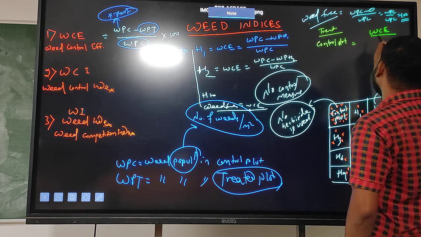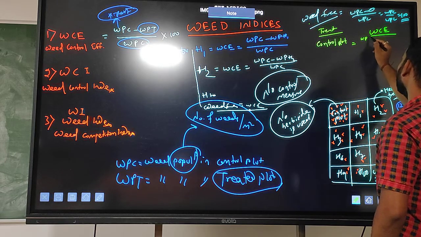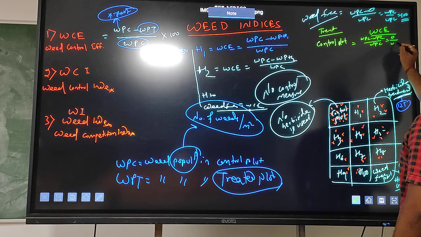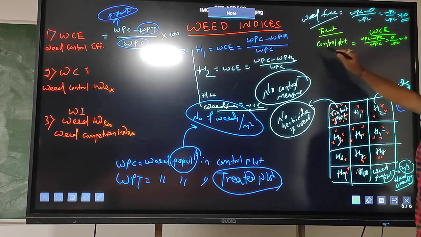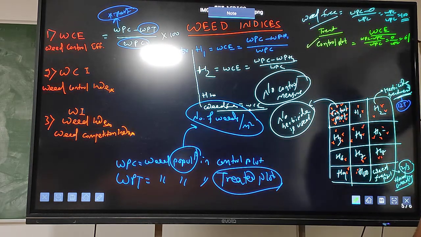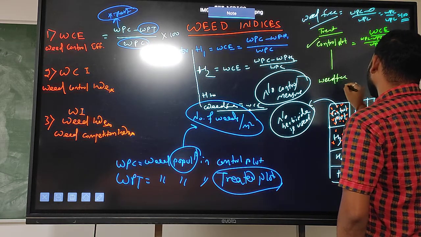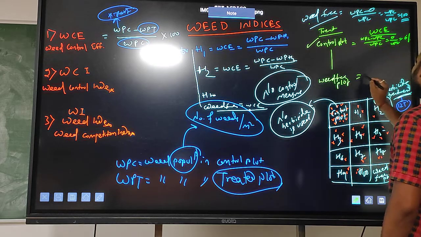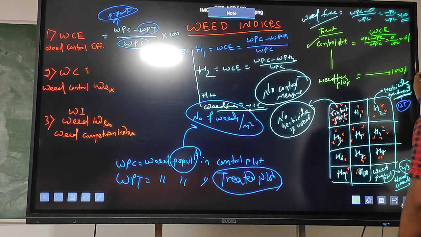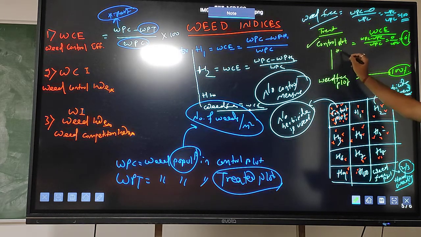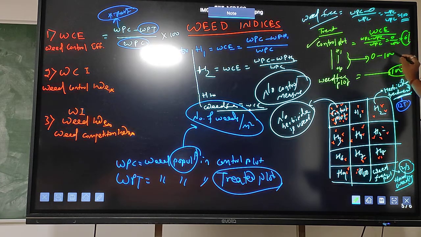So in the control plot, the weed control efficiency will be WPC minus WPC by WPC, is equal to 0 by WPC, is equal to 0. So for the control plot, the weed control efficiency is 0%. And for the weed free plot, if it is completely weed free, then the weed control efficiency is 100%. Yes or no? Then for the remaining H1 to H10, the percentage is between 0 and 100%.